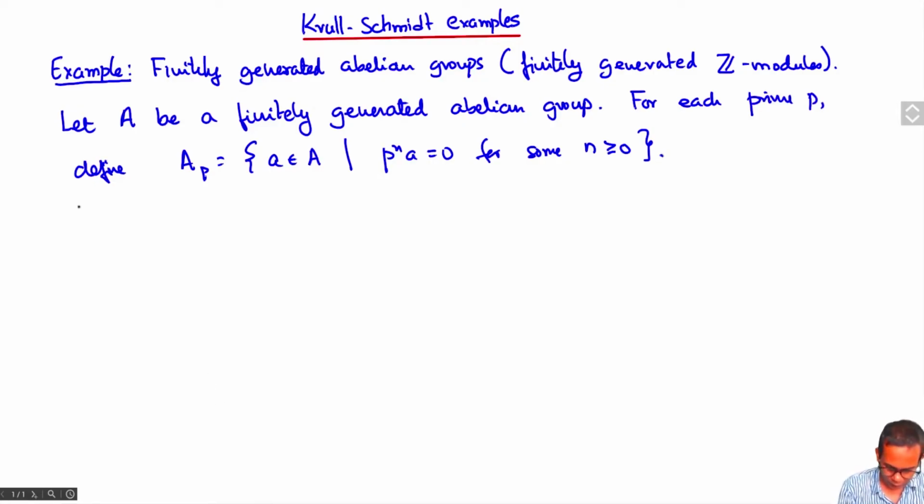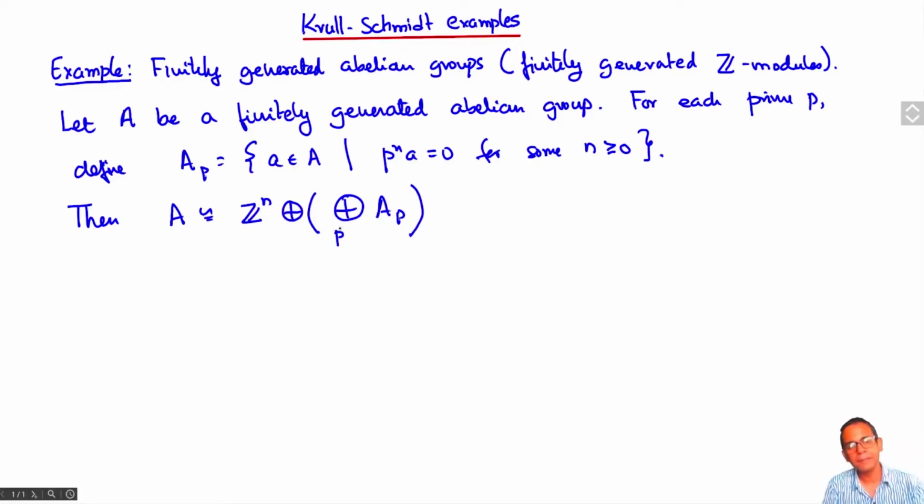Then we know from the theory of finite abelian groups that A is isomorphic to Z to the power n direct sum, and then there's a sum over all primes P of A_P. And A_P is non-zero for only finitely many P, and so this is going to be a finite direct sum. So all this follows from the structure theorem of finite abelian groups.